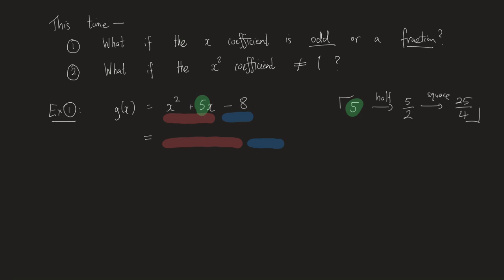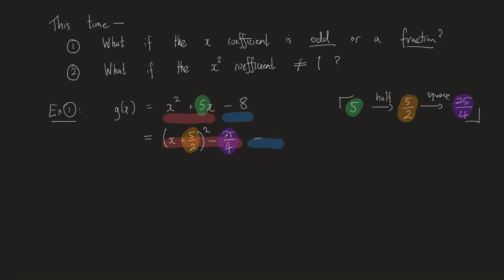Now these quantities are going to assemble in exactly the same way as last time to help me complete the square, but the working is just going to look a little bit messier. So let's see how that's going to go. I remember I used that halved term, that 5 over 2, to form my perfect square. And then I need to subtract off that squared quantity, 25 over 4.